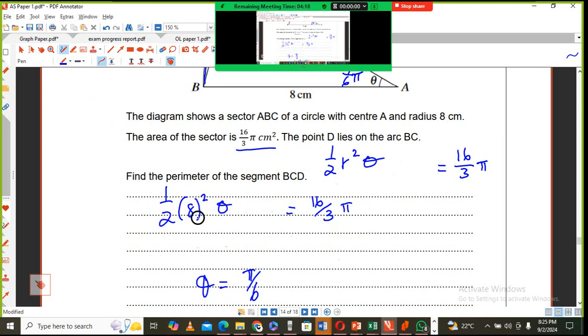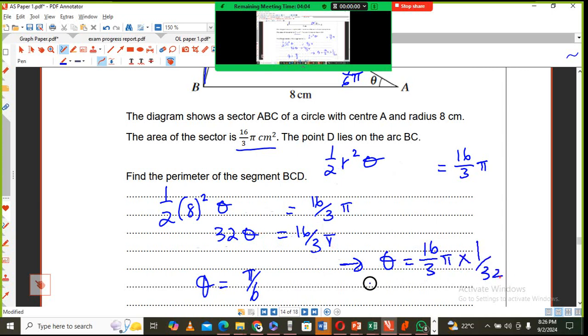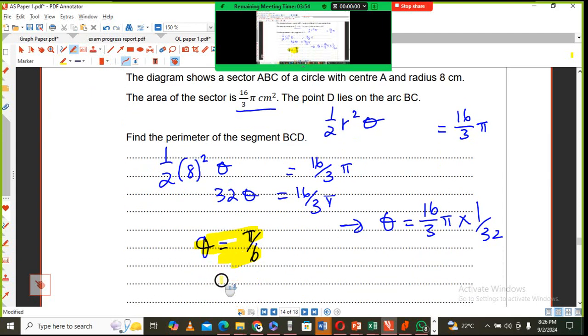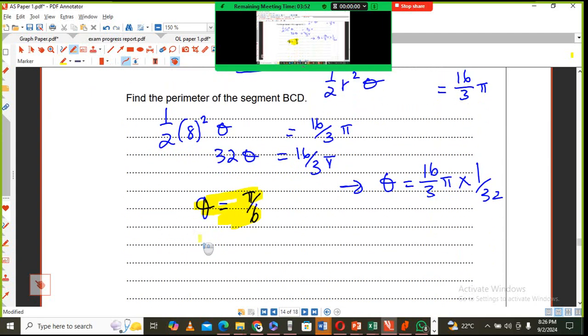That's where the 32 comes from. It's 32 theta equals 16 over 3 pi. And then obviously from here, theta will be 16 over 3 pi times 1 over 32. And then we get this answer. Sorry, that was my bad. Are we together?